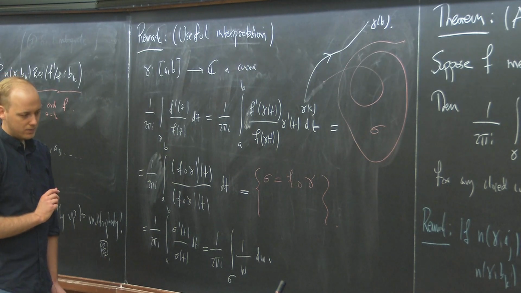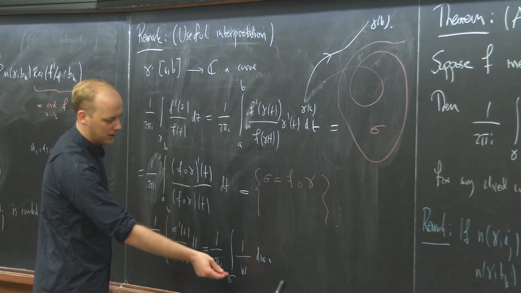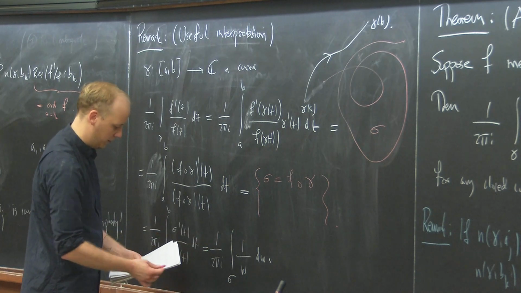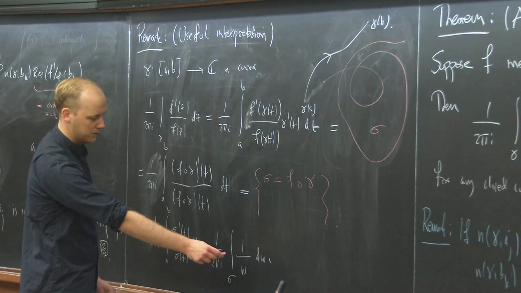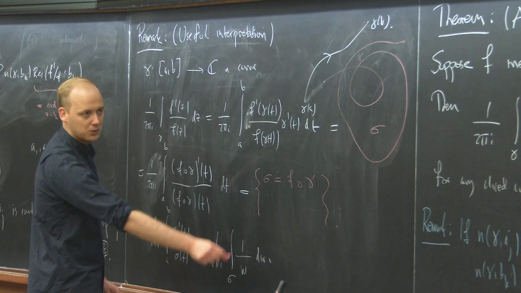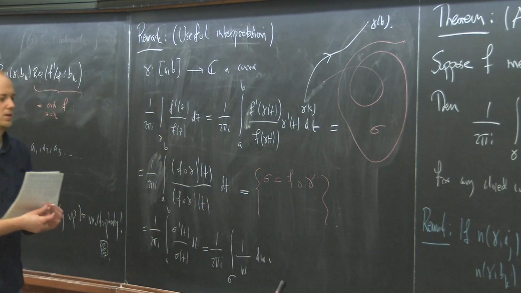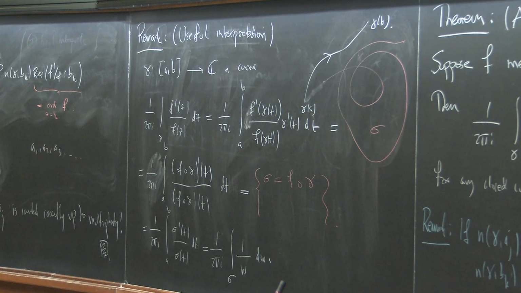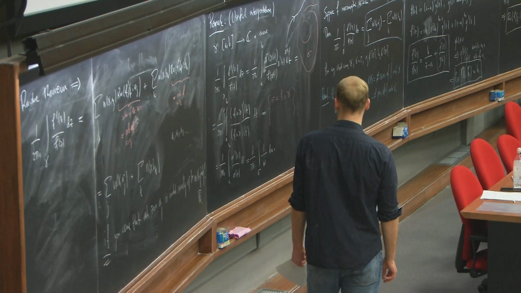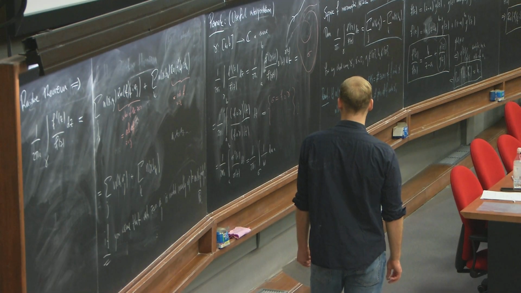Okay? And then we know that this kind of integral, 1 over w, what does this do? So we should recognize this from something that we have seen. Can anyone tell me what it is? So the hint is winding number.